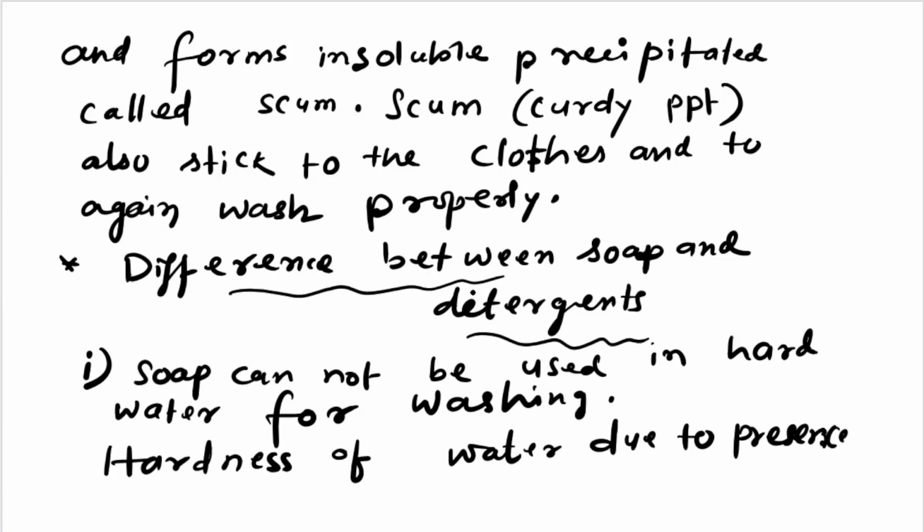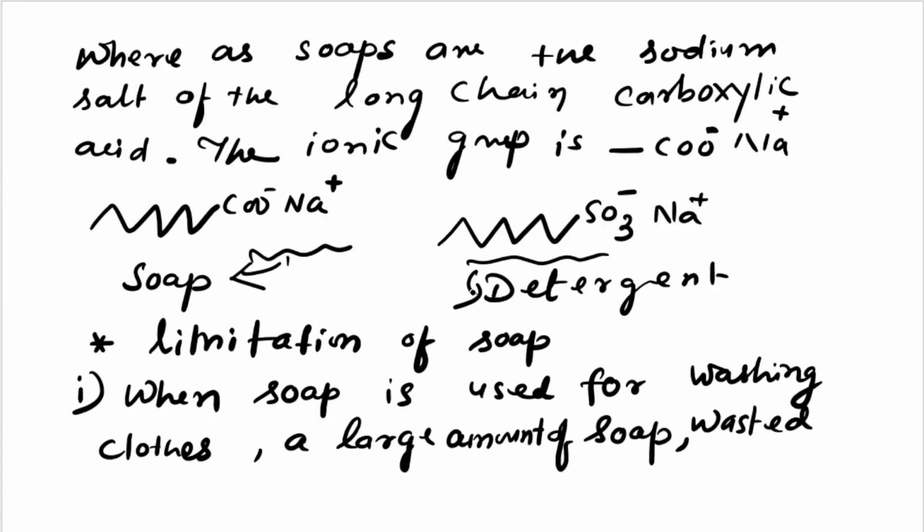Scum means cloudy precipitate. It sticks to the cloth and you have to wash repeatedly, because this precipitate sticks to the cloth; again more water and more soap are required. That is why you should take soft water. This is the disadvantage, the limitation of soap.